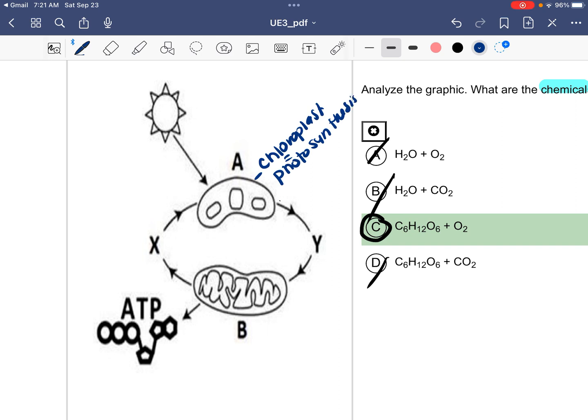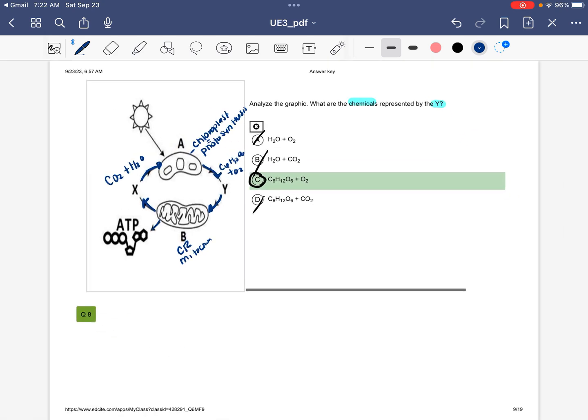And the product of photosynthesis, the arrow going out of photosynthesis, is glucose and oxygen. That is also what goes into cellular respiration in the mitochondria. We know that it's ATP, and we have carbon dioxide and water that are reactants that also go into that process. So as long as you have that written in, that can be your information.